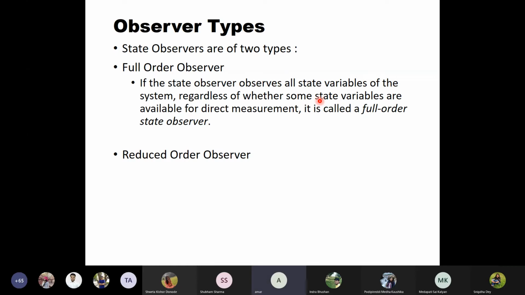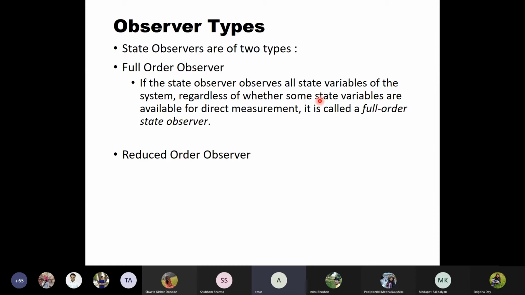Say, if the number of state variables is 5 for a system, out of which let's say 2 state variables I am measuring, so the other 3 state variables are not available for measurement. The full order state observer basically observes all the 5 state variables, irrespective of the 2 state variables already being measured.